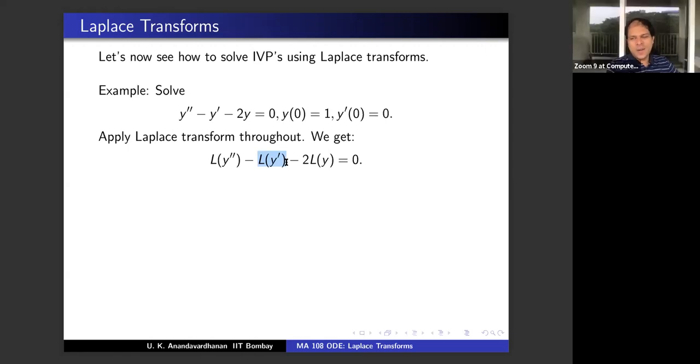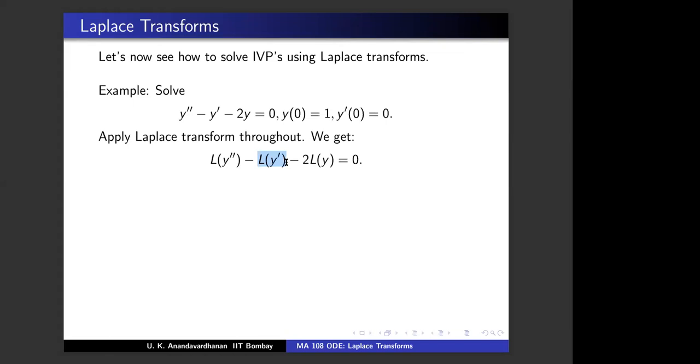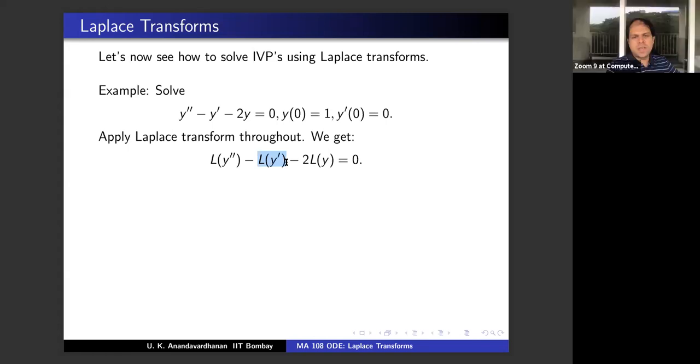Not always, no? Under some assumption. What is the assumption on y so that it is true? y is continuous and of exponential order, and y prime is piecewise continuous. Correct?